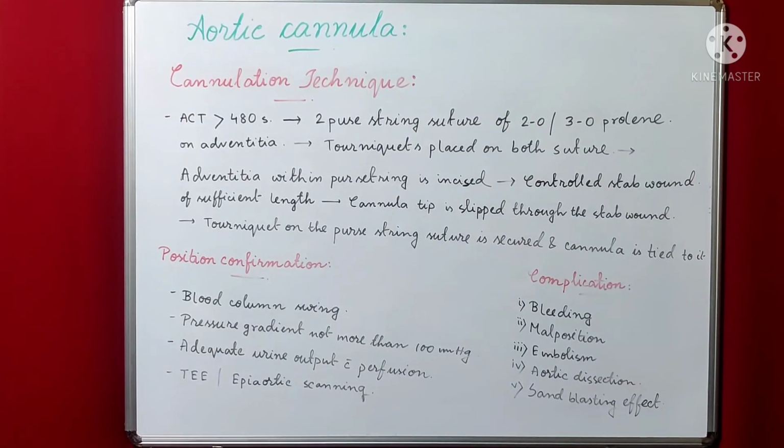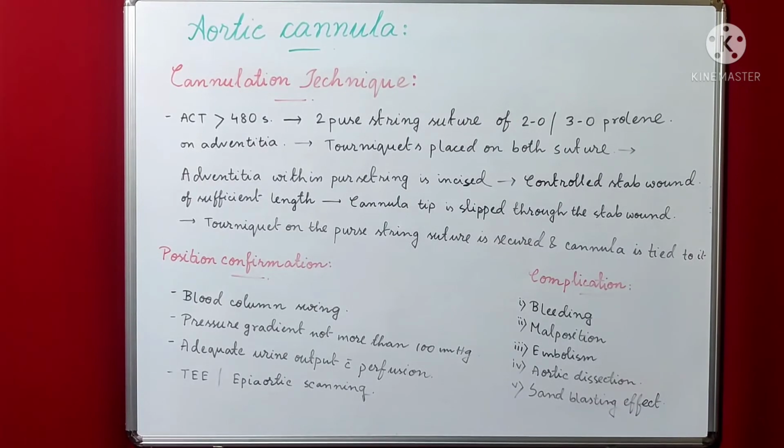Care is taken to adjust the cannula so that only 5 to 10 mm projects into the aorta in case of a straight tip cannula. Otherwise, the tip will hit against the posterior wall of the aorta and cause aortic wall dissection. So special care is taken for that. And if an angled cannula is used, it is positioned so that the opening of the lumen of the cannula faces distally towards the aortic arch.